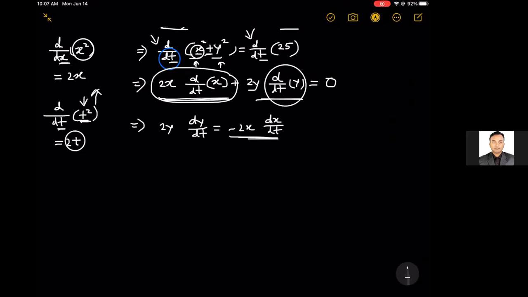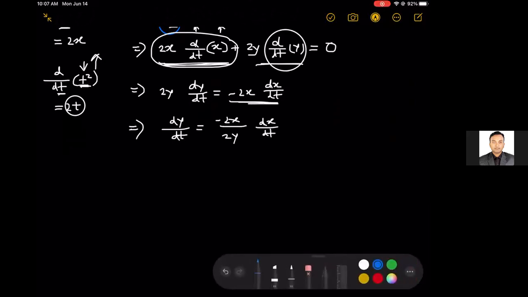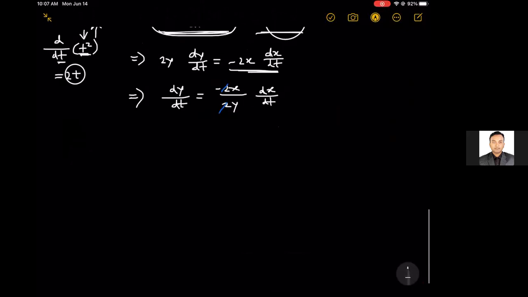Whichever way you think you can iterate it. And then we can isolate it completely. I'm just dividing both sides by 2y, right? And this 2 and 2 will get cancelled. So we'll have negative x over y times dx/dt.